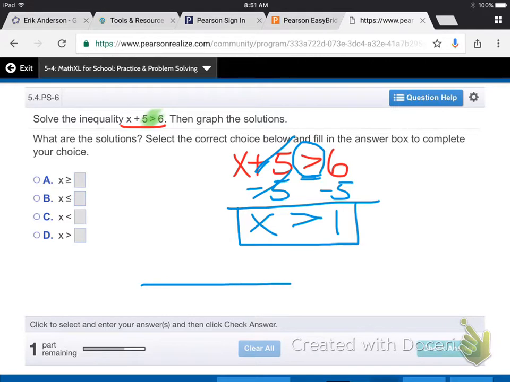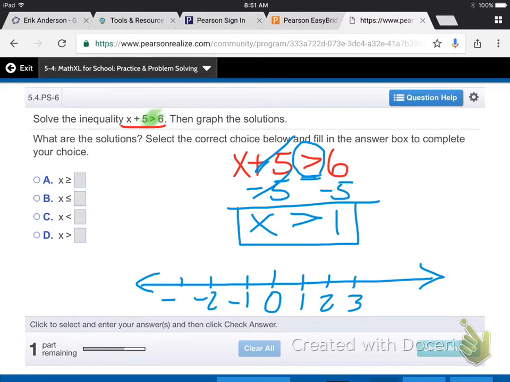Now on a number line, what that means is, if I put 0 in the middle, and there's 1, 2, 3, and on the other side -1, -2, -3. If x is greater than 1, I leave an open circle at 1, and we'll talk about that more in a minute.